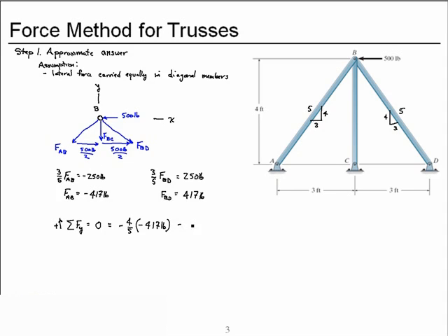We have a negative contribution from member BC, and a negative 4/5 of the force in member BD, which we said was a positive 417 pounds. When all of those are combined, we predict the force in member BC to be 0. So we'll come back to these predictions at the end in order to evaluate the reasonableness of our force method results.